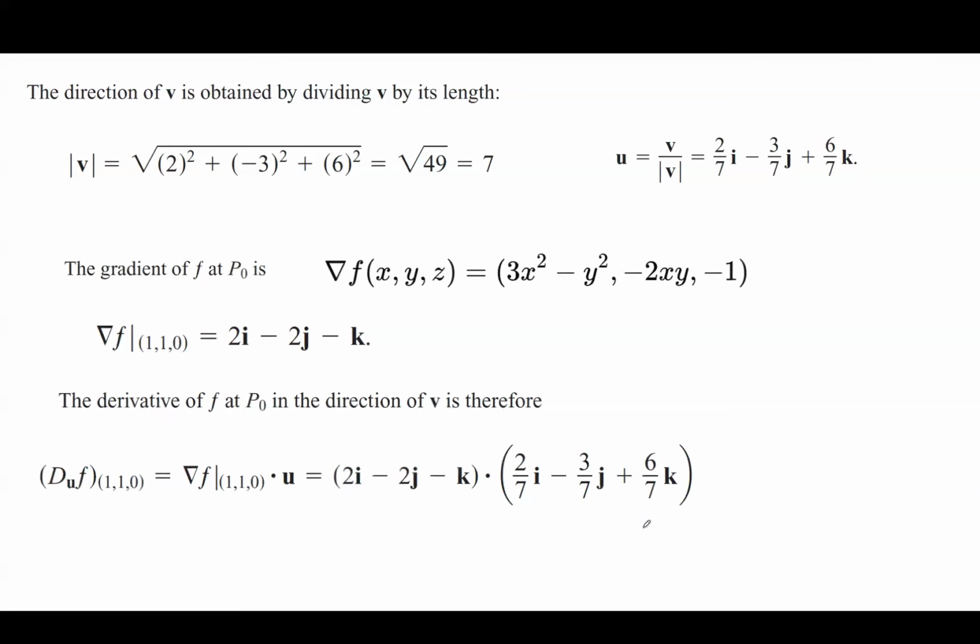Doing the multiplication component-wise, you get 4 over 7. So as you can see, the directional derivative is a positive value.